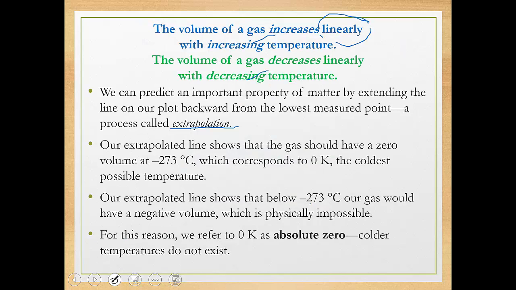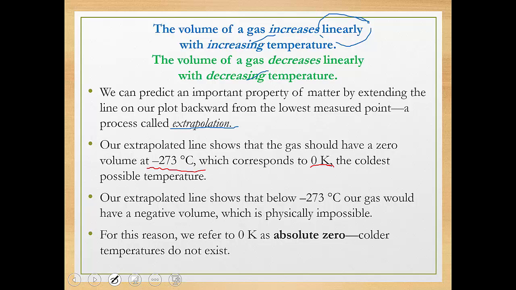That is known as absolute zero. And if I extrapolate backwards, I can see that a gas should have zero volume at negative 273 degrees Celsius, which is 0 Kelvin. Okay, absolute zero.